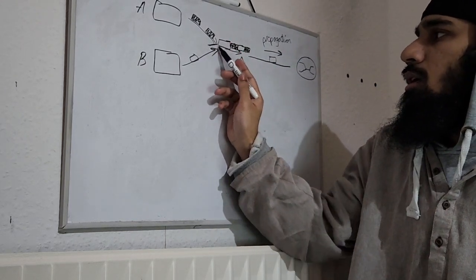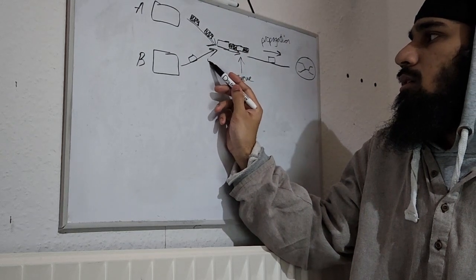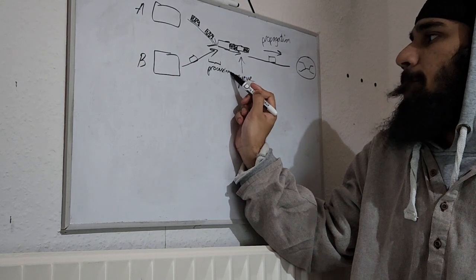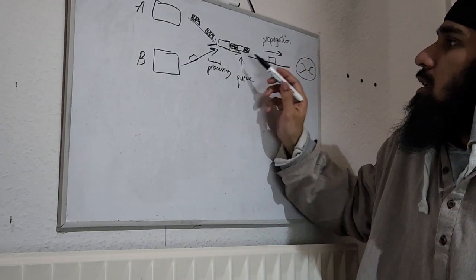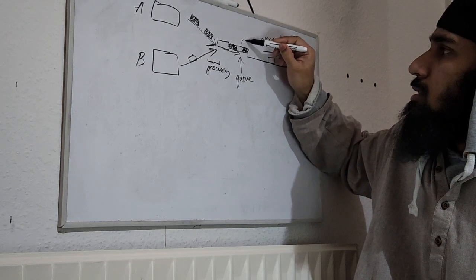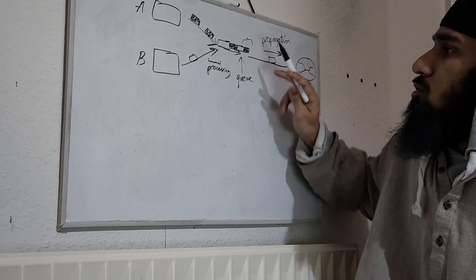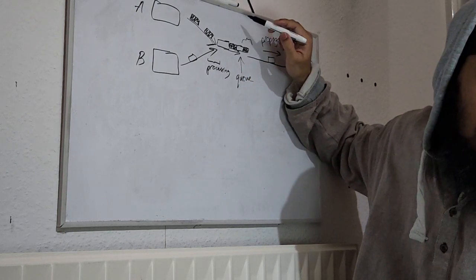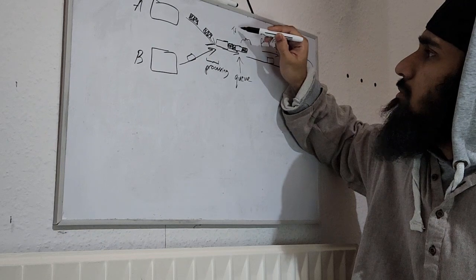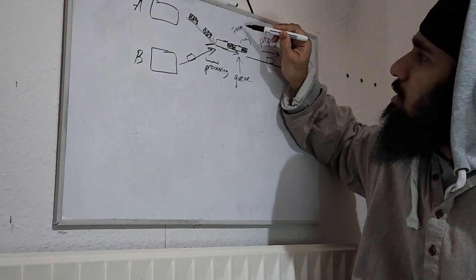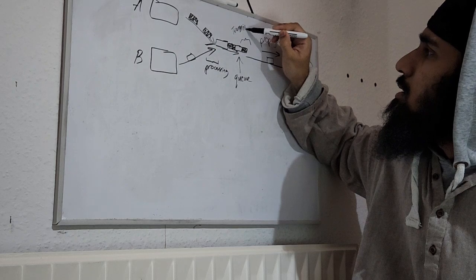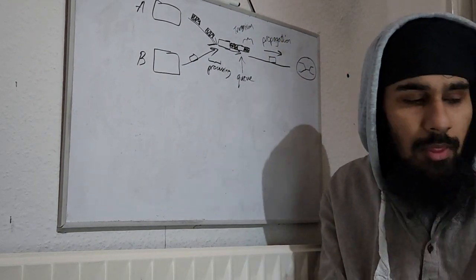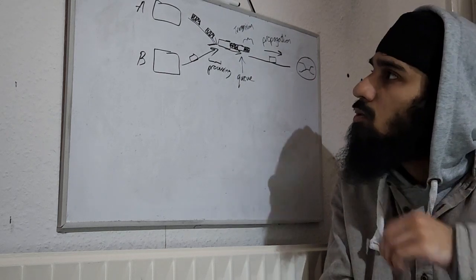Here it'll be processing, and then it's going to transmit onto the line. That is called a transmission delay. So these are the delays, and there are formulas that we need to know.